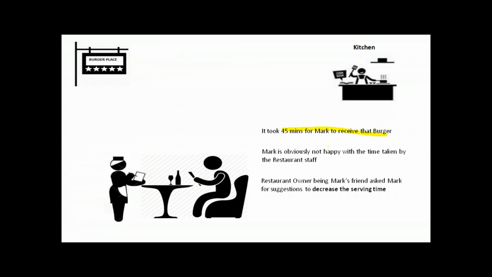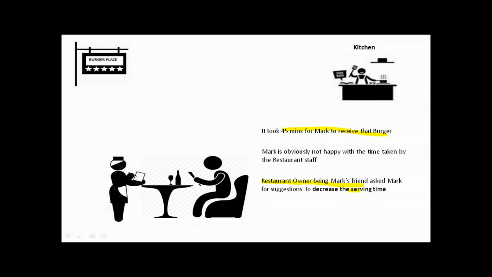So Mark has had his burger, and the restaurant owner happened to be Mark's friend. Mark went and started speaking to him and shared his experience, saying it took 45 minutes and he's not happy. The restaurant owner is also a little worried, and he asked Mark's suggestion.